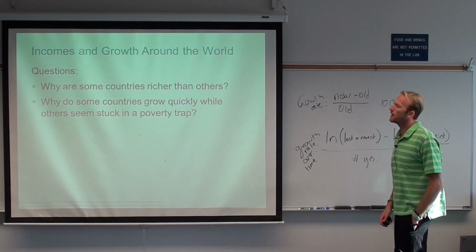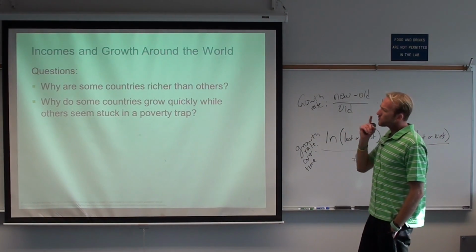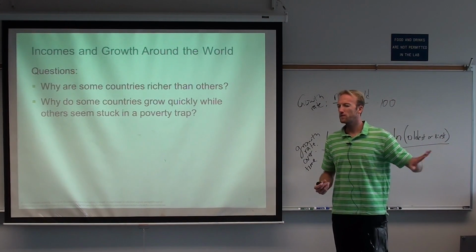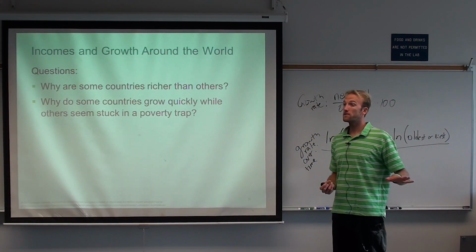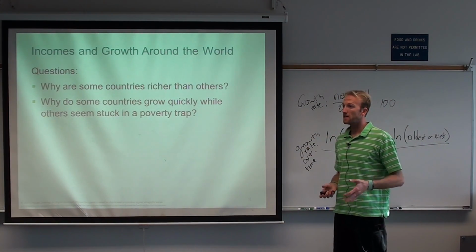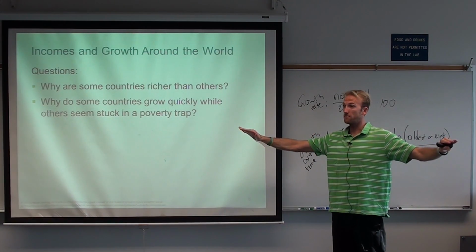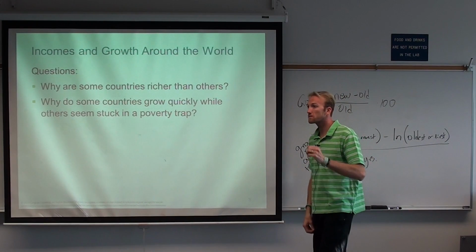Okay. And historically, if we go back 800, 900 years ago, at the year 1000 AD, almost all countries had the same low level of GDP. There have been some cool studies.